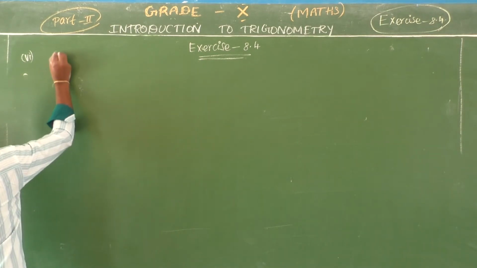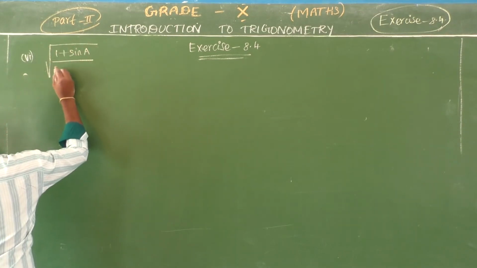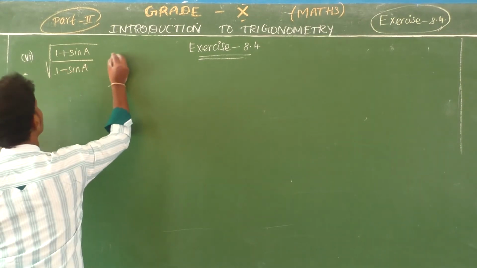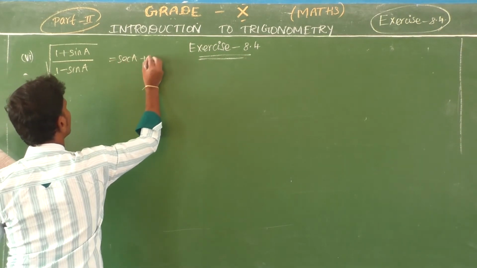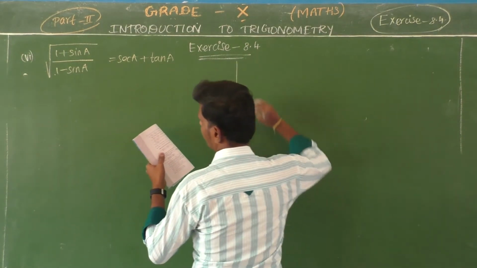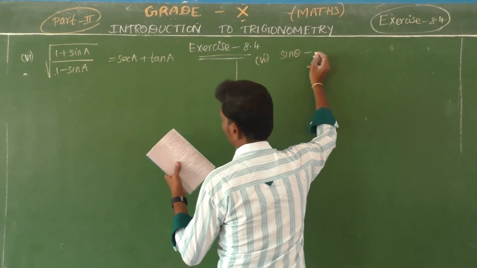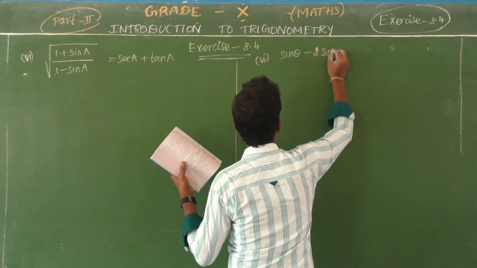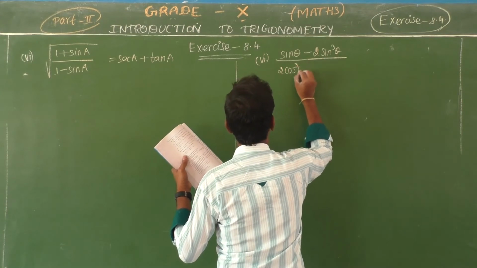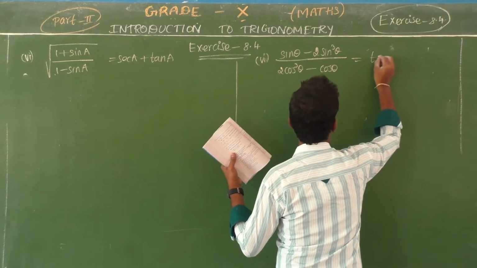So the 6th question is given: square root of 1 plus sin A by 1 minus sin A, which is equal to secant A plus tan A. And the next, 7th question is sin theta minus 2 sin cube theta, whole divided by 2 cos cube theta minus cos theta, which is equal to tan theta. We are going to prove.